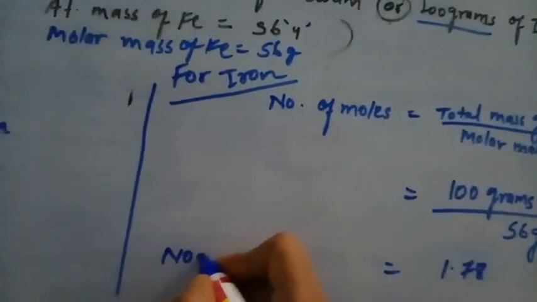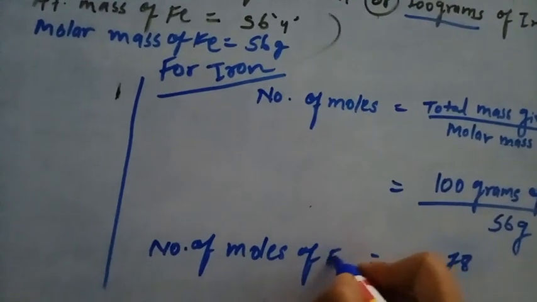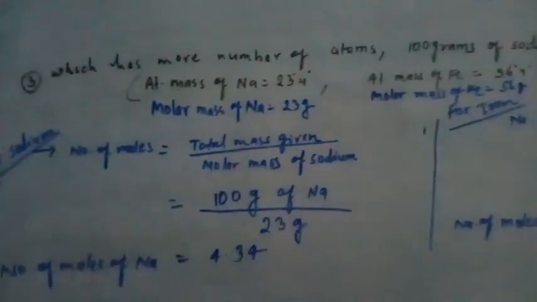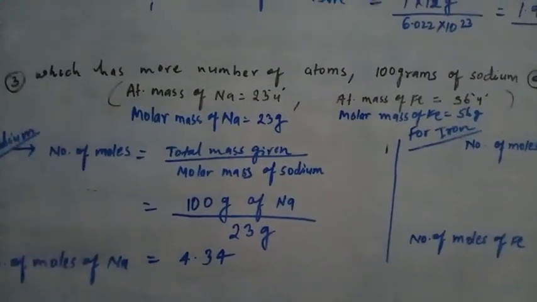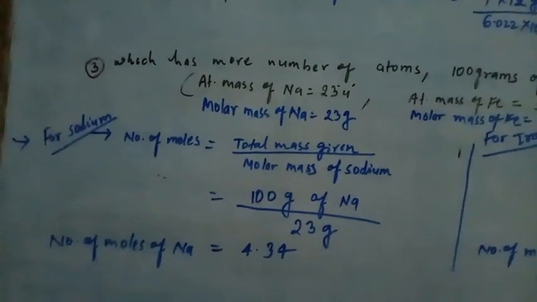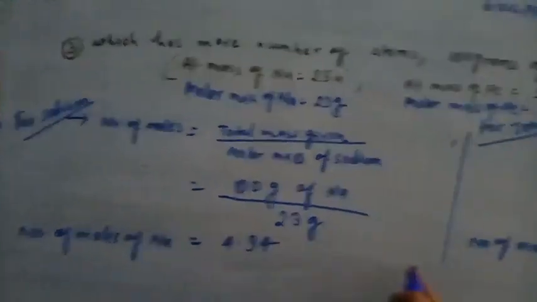So the number of moles of iron atoms is 1.78. From seeing the number of moles only, we can make out which contains more atoms. The number of moles of sodium is 4.34, and of iron is 1.78.